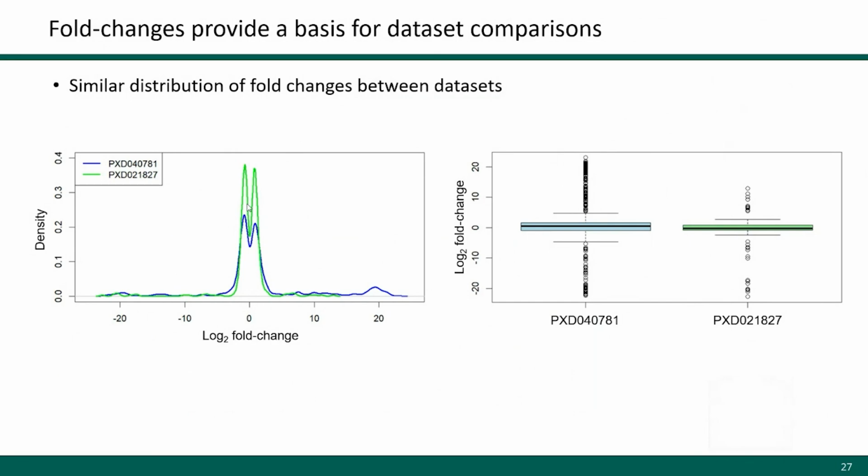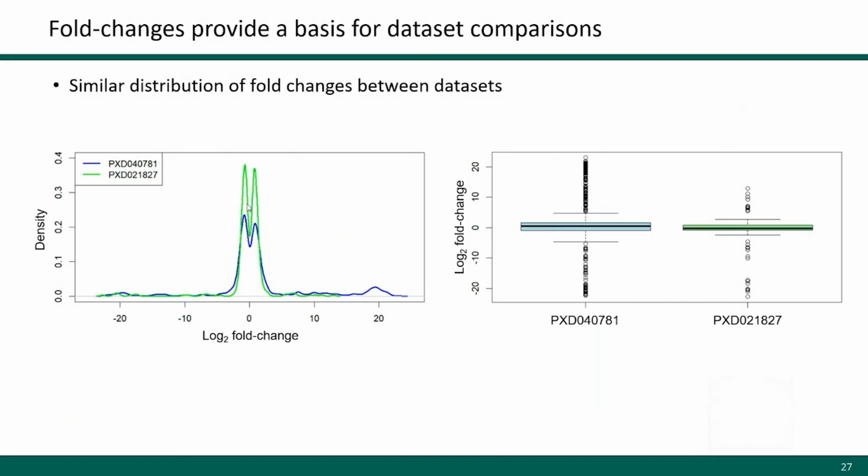For different data sets, are we looking at vastly different fold changes, or are they all very similar? What we see is that with this pipeline, we do get similar shapes of this histogram, similar fold changes, so we are fairly confident that we could compare across those data sets.